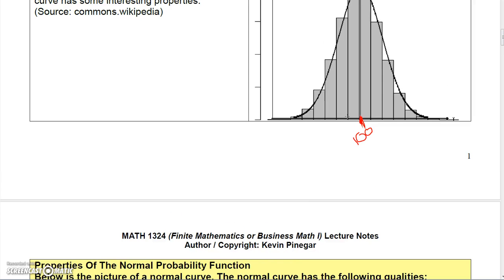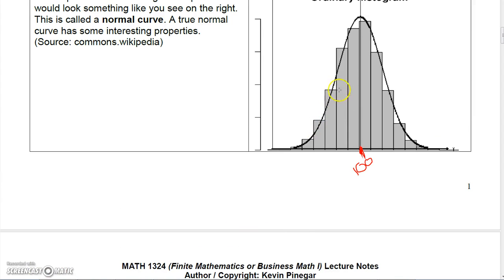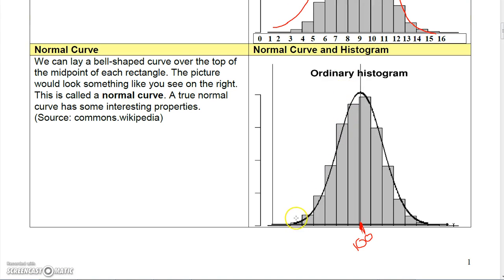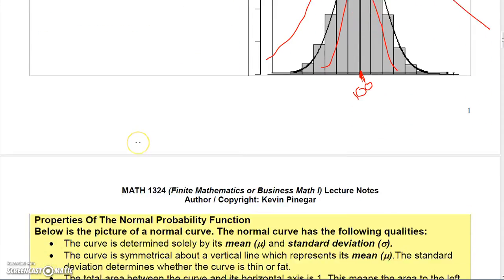The standard deviation tells you how wide the curve is. So this curve might have a medium standard deviation. But if you had a skinny curve, that would have a small standard deviation, whereas if you had a very wide curve, that would be a large standard deviation.